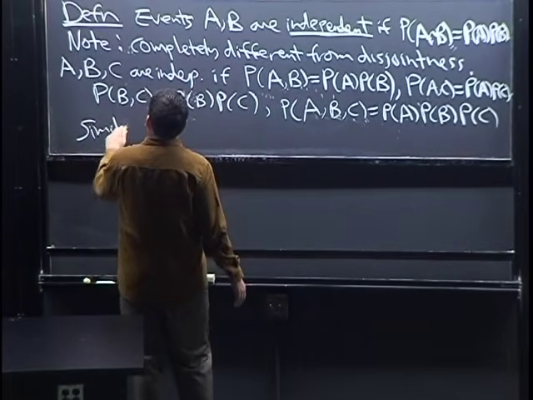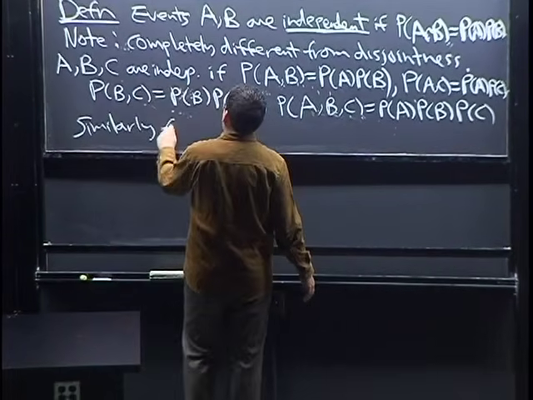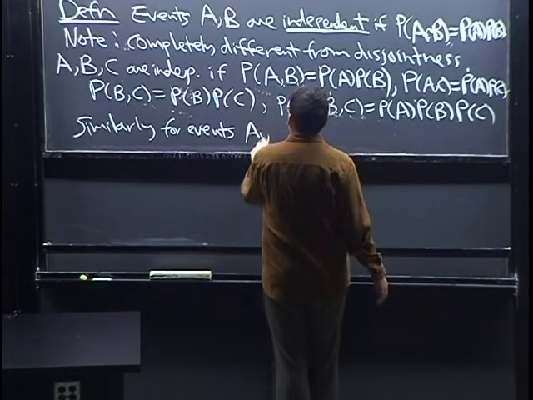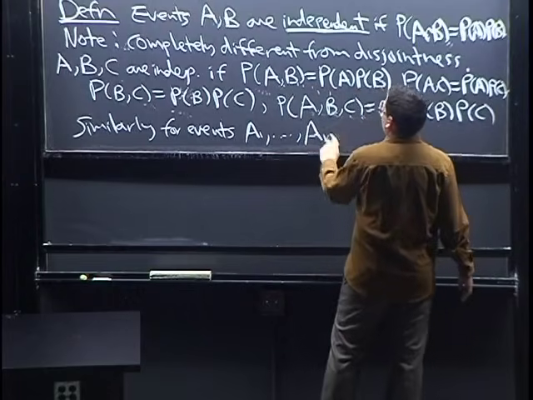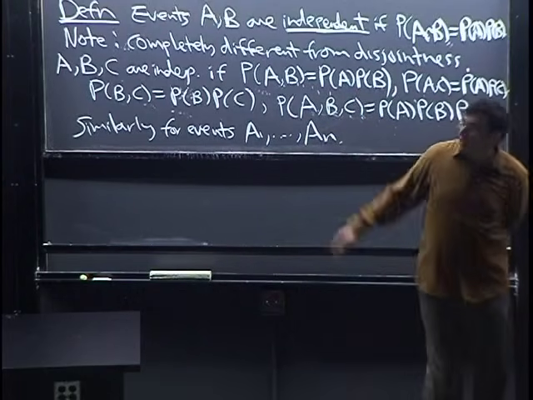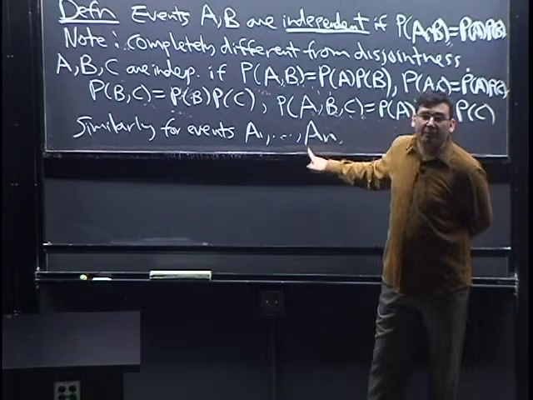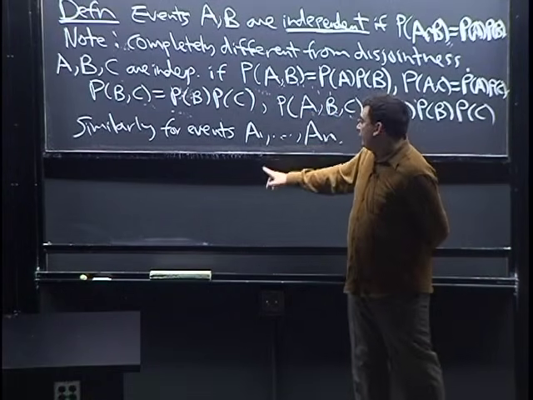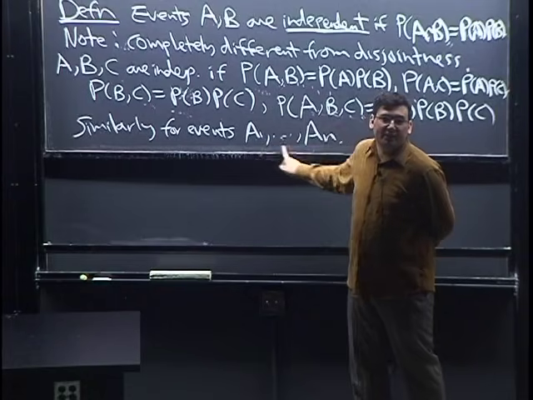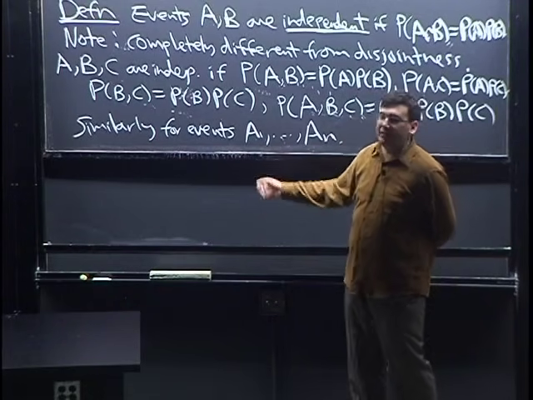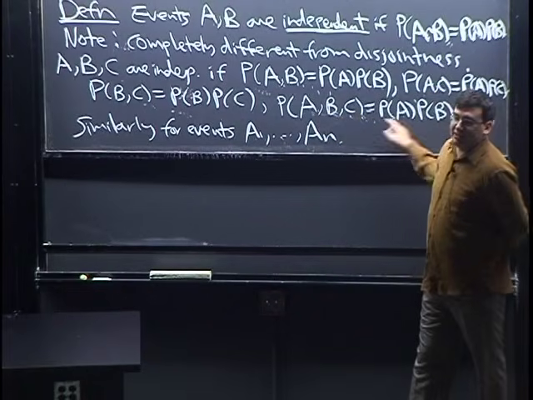Similarly, for events A1 up to An. So if we have n events, I'm not going to write down all the equations because it's completely analogous. Once you understand the case with 3 of them, you could do n of them. First of all, any 2 of these have to be independent, and any 3 of them have to be independent, and any 4 of them. So no matter how many of them you take, it's just the product.